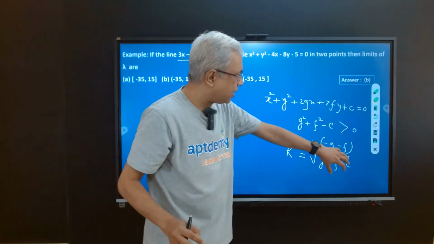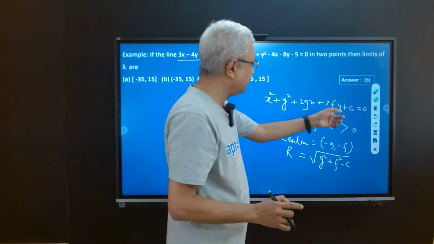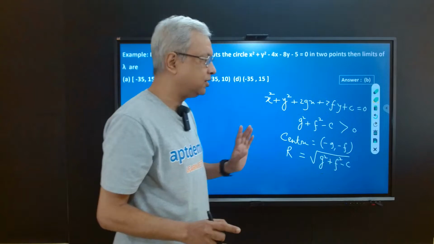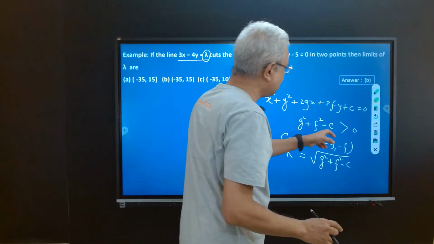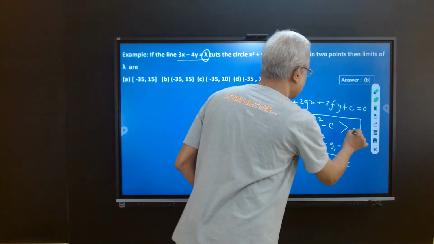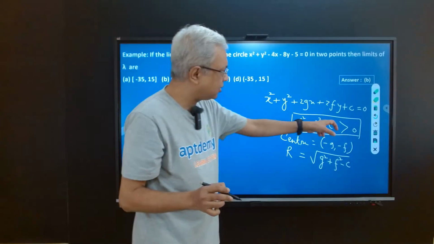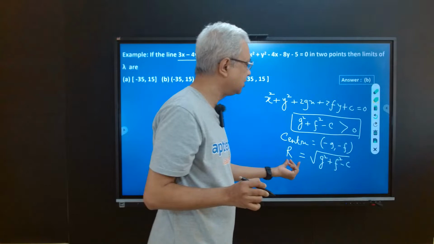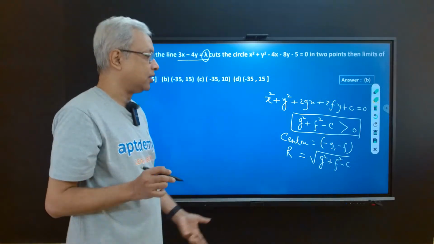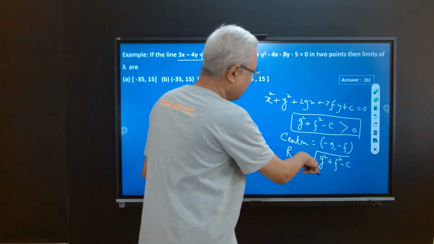If this quantity under the square root is negative, then the radius becomes imaginary. So this condition is mandatory. This condition has to be satisfied. As soon as this is satisfied, this means the radius is a positive real quantity. So we know this.